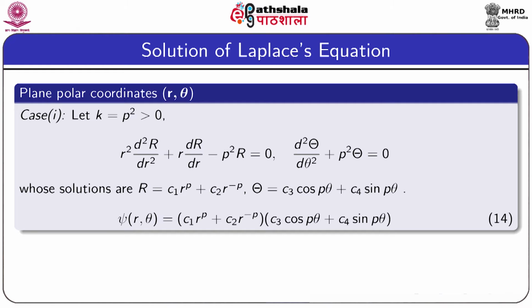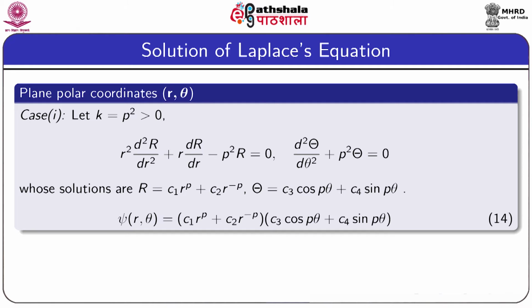So, with some transformation, that means if we substitute r is equal to e to the power u, in terms of the independent variable u, that equation can be transformed into an ordinary differential equation with constant coefficients, and that can be solved exactly.